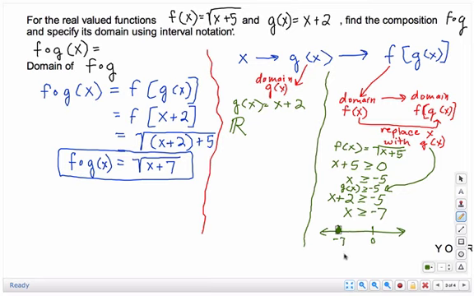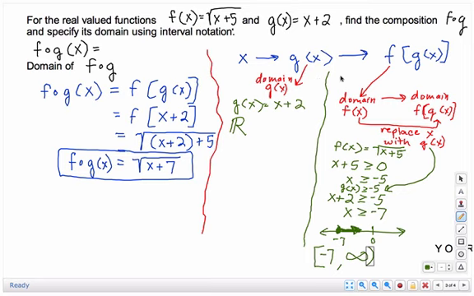So in interval notation, our left boundary is negative 7, and it's part of the solution, so we put a bracket. On our right boundary, there's no restriction, so that's infinity, and we put a parenthesis there to show that that's not a boundary.